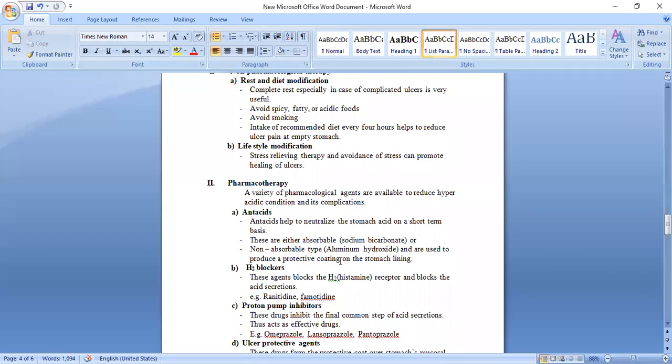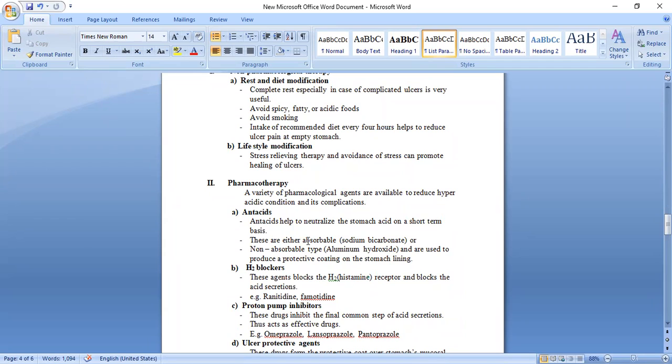So though in your stomach the HCl secretion is there, and secretion of the pepsin is there, it will not cause any ulceration. It will not cause any harm to the mucosal membrane of your GI tract. That's why it comes under protective.